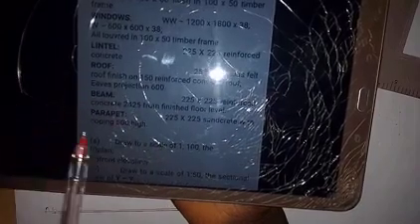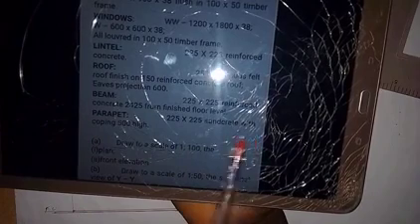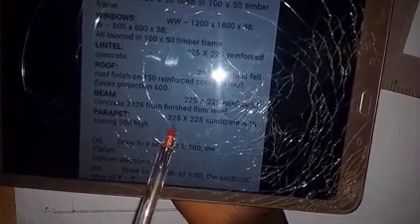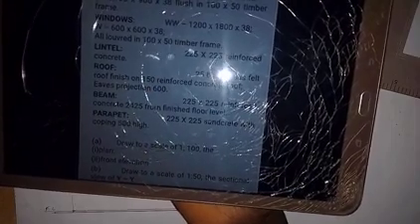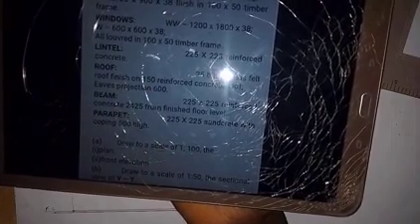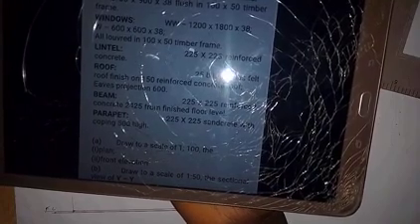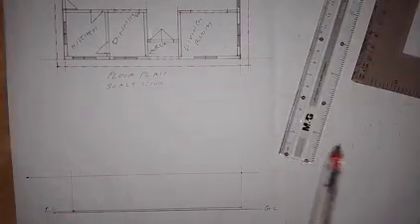Then they said parapet 225 by 225 concrete with coping 500 high. So I'm going to add this 225 with this 150. 225 plus 150 will give us 375.